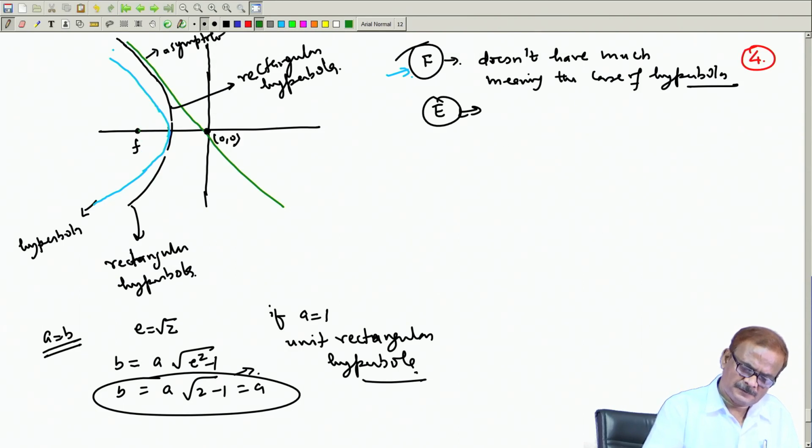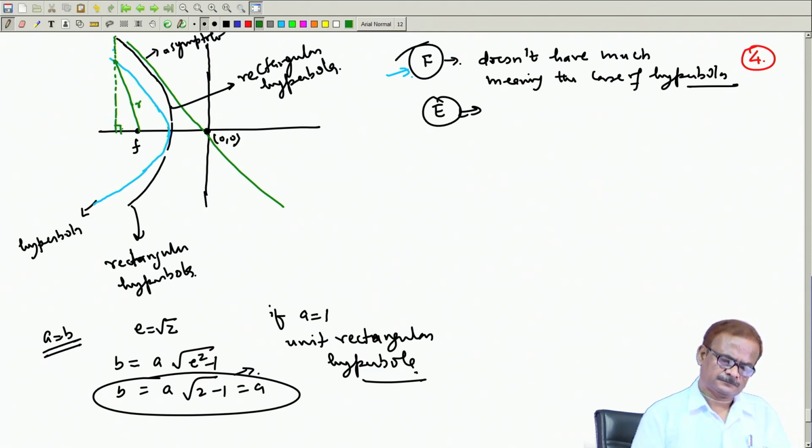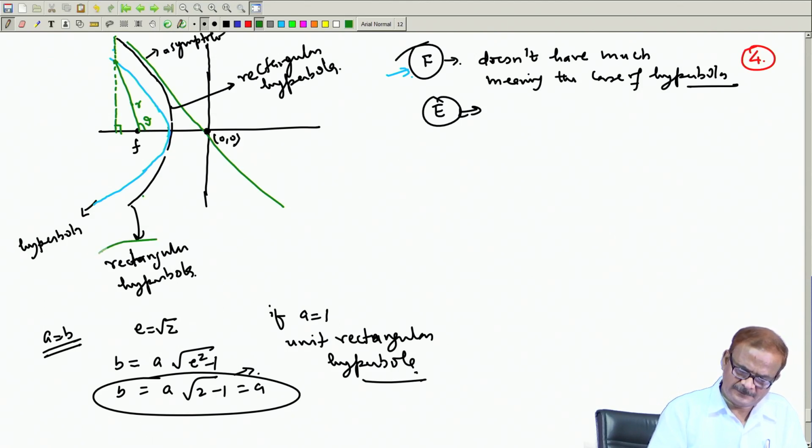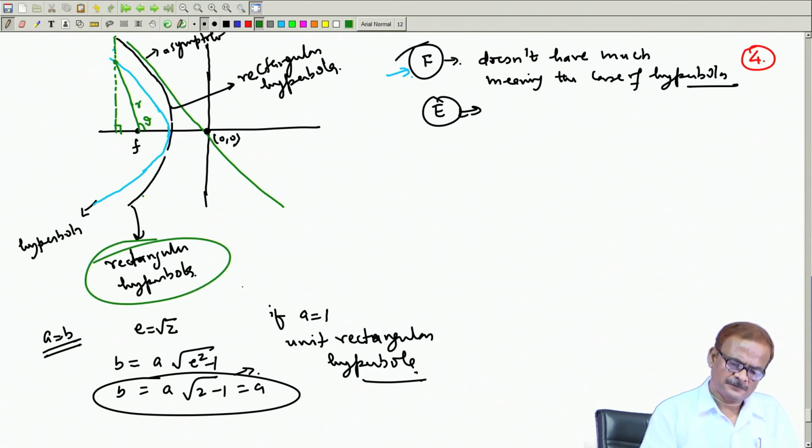From this place, draw this R, this is your R, and then draw a perpendicular and pull it up also. This is your theta, and this one is already written, this is the rectangular hyperbola. So, the rectangular hyperbola goes and cuts here at this point.